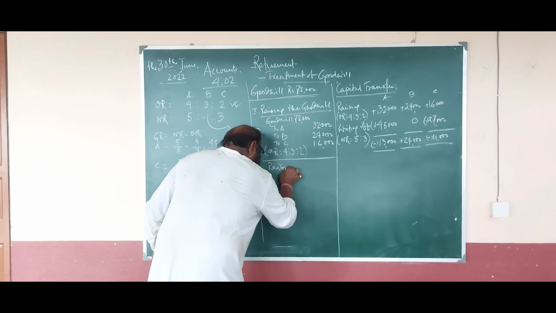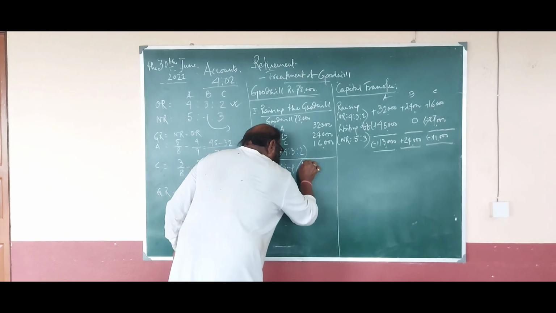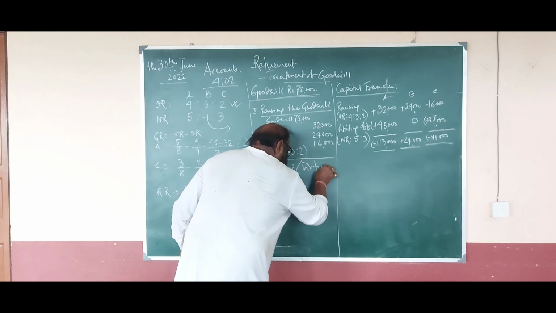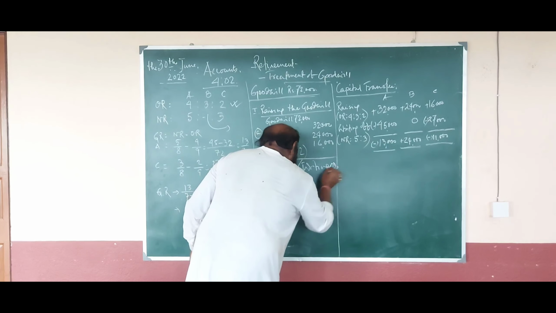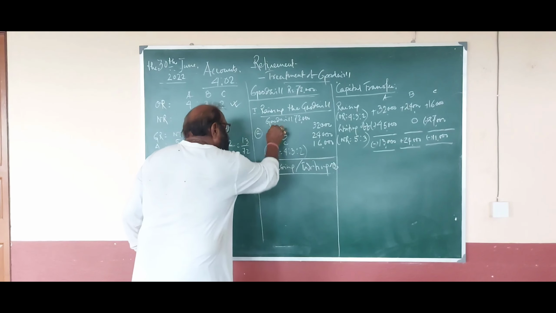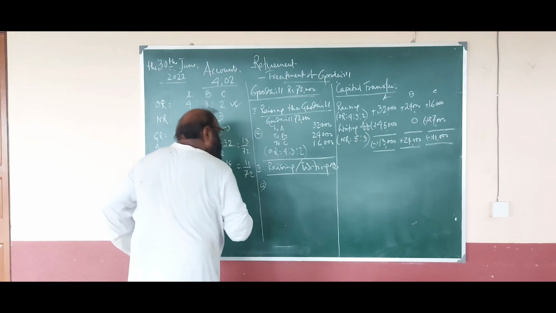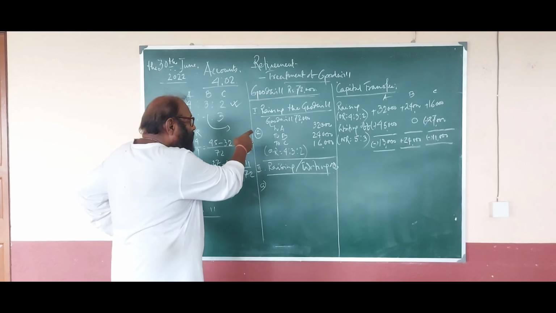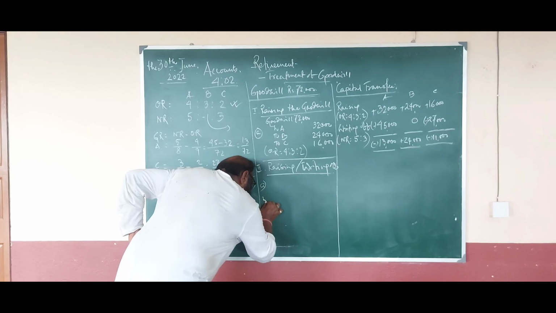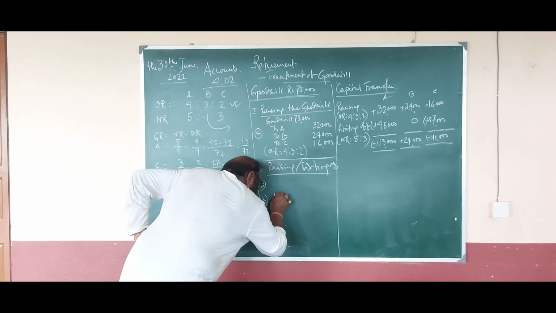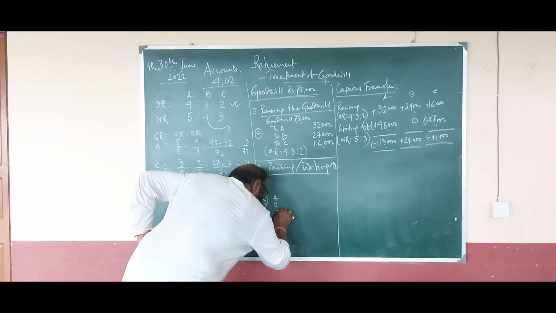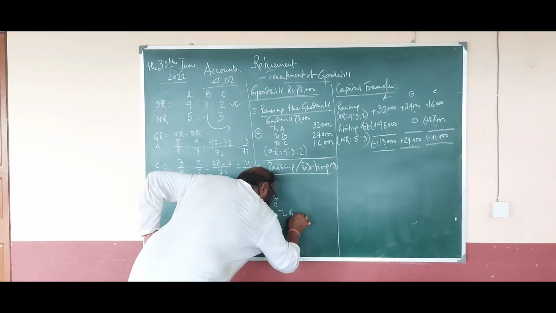Raising and writing off means the same thing will be there. Goodwill account debit to A, B and C. Now it will be written off. In that way, A and C's capital accounts are debited to goodwill.